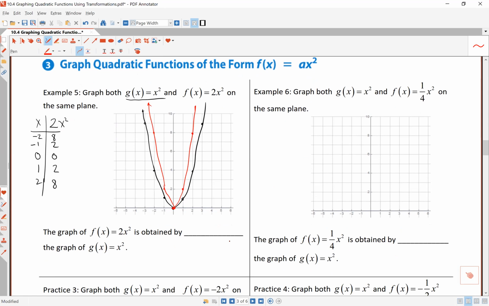We say the graph of f of x equals 2x squared is obtained by stretching the graph of g of x equals x squared, stretching it by a factor of 2.